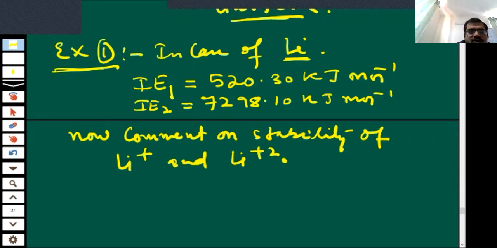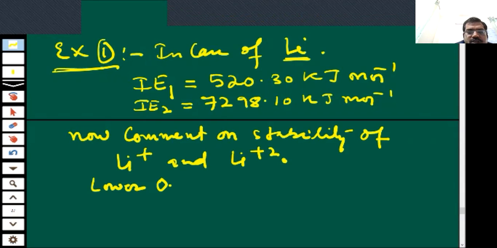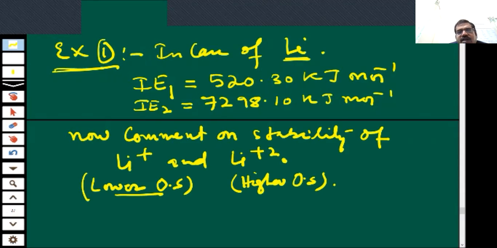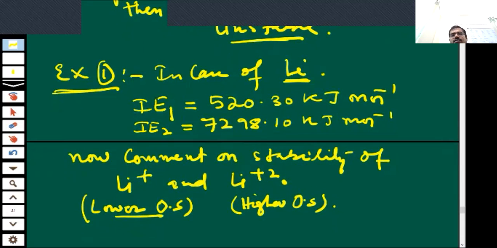This is the lower oxidation state. The charge which is present is known as oxidation state, children. This is the higher oxidation state. Now use the trick which I gave you and comment on the stability.